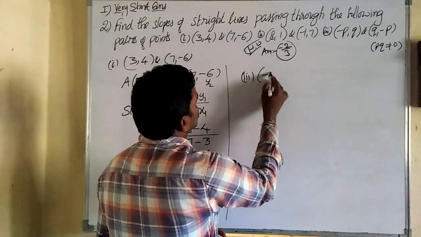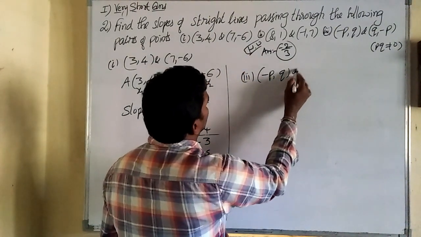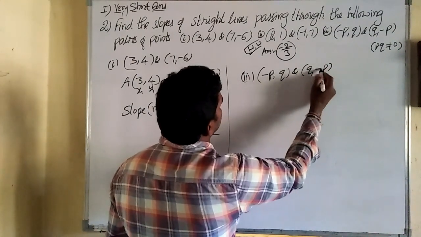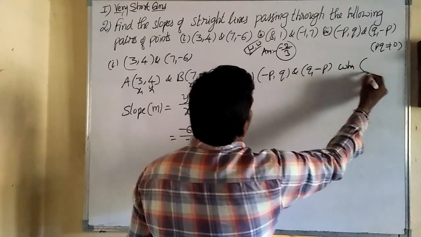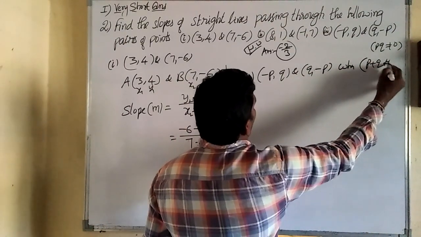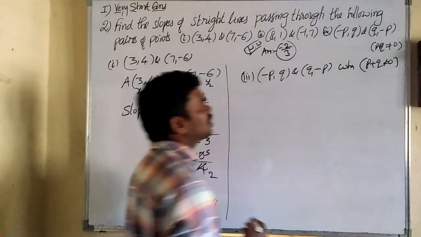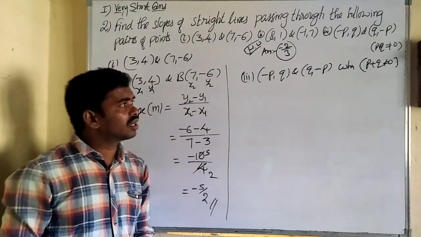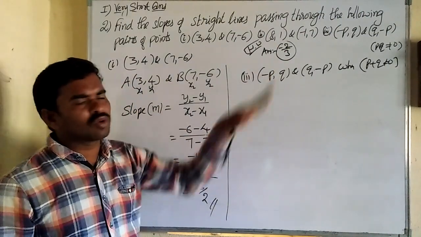So what is the third question? (-p, q) and (q, -p), where p plus q is not equal to 0. Actually the condition p plus q not equal to 0 we should give, but it is negligible, so no need to think about the condition.